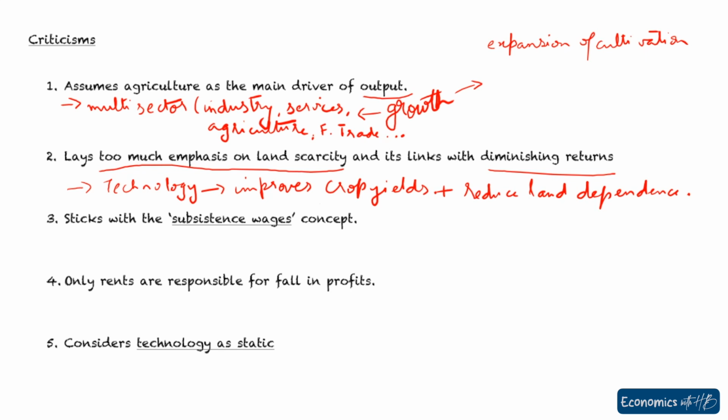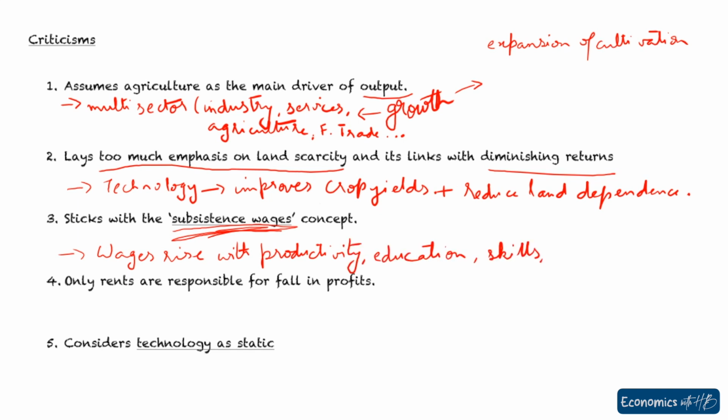He is stuck at, and in fact carries forward, the Malthusian concept of subsistence level wages for workers. While modern economists, on the other hand, do not concur with this thought. They think that wages rise with productivity, better education, skill development, under trade union pressures, and also through policy reforms such as the minimum wage bill, and hence they are not fixed at subsistence levels.